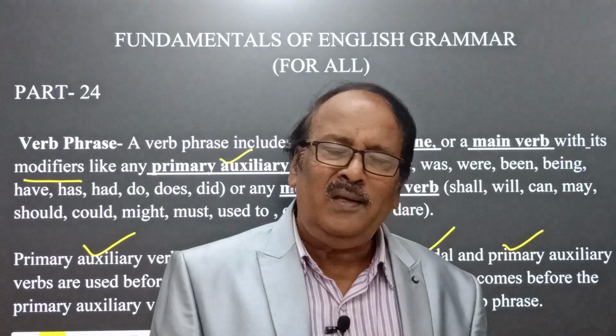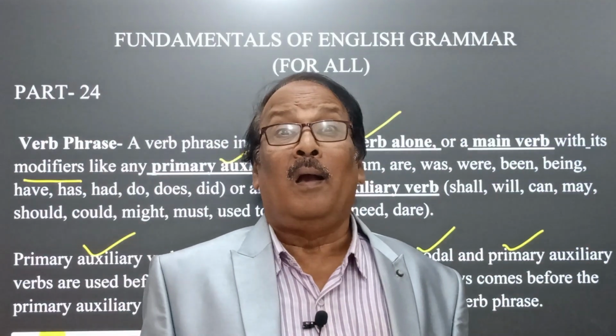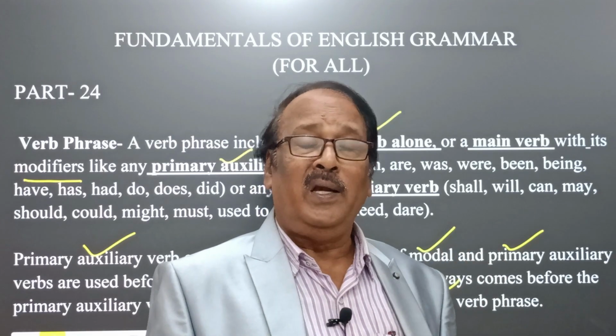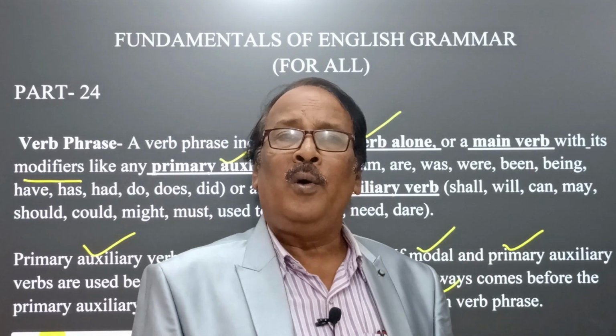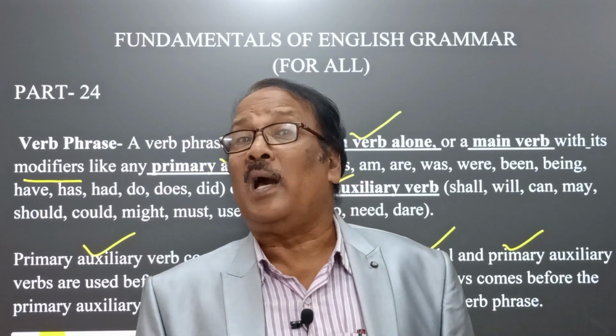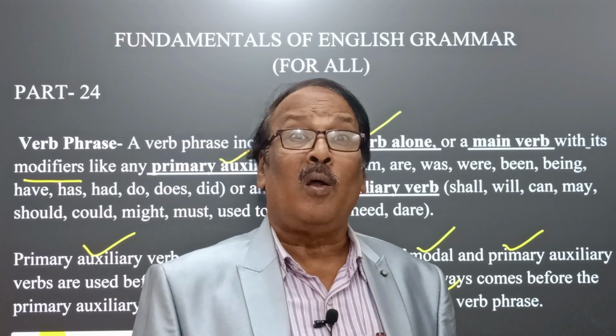This is a very simple factor. You must have experienced at the time of writing and speaking how the main verb takes the leading role and remains at the end of the verb phrase.